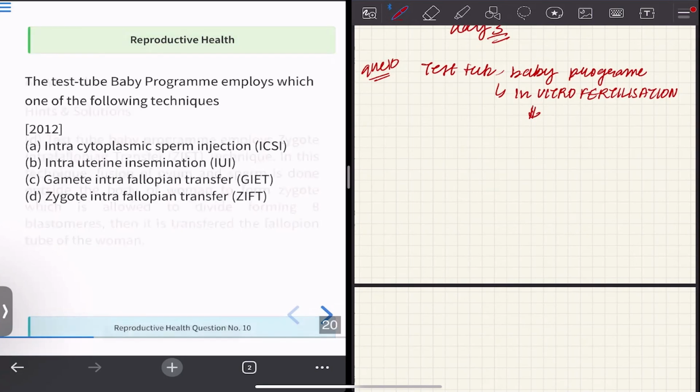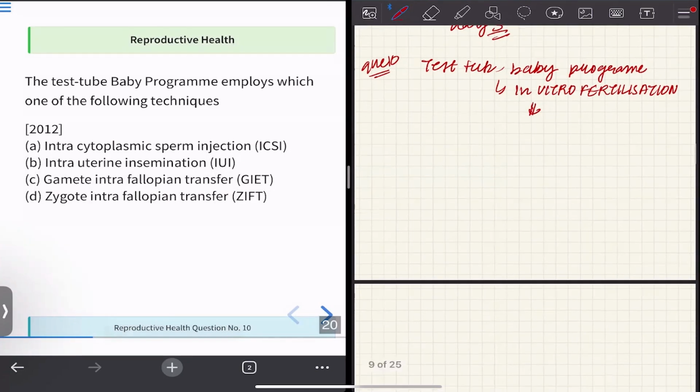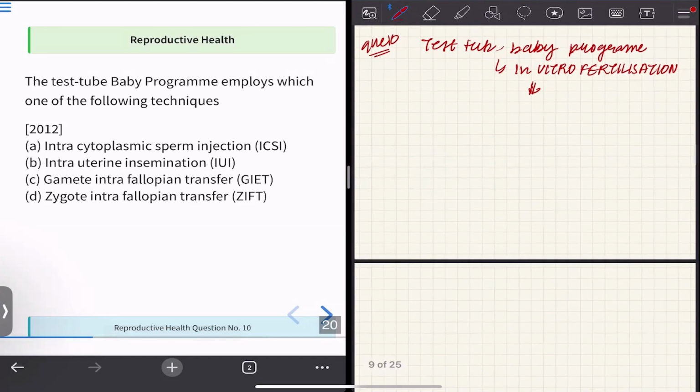It is a part of in vivo fertilization. In intrauterine insemination, also the fertilization is taking place inside the female body itself. Also in gamete intrafallopian transfer, the fertilization is taking place inside the female body only. So zygote intrafallopian transfer, ZIFT, is usually employed under the test tube baby program.